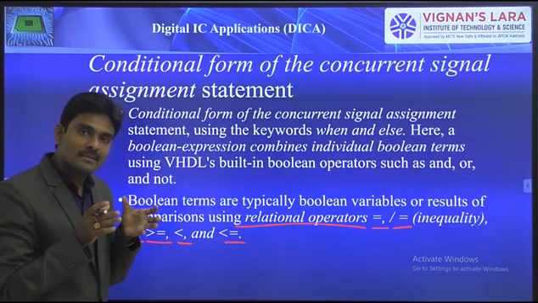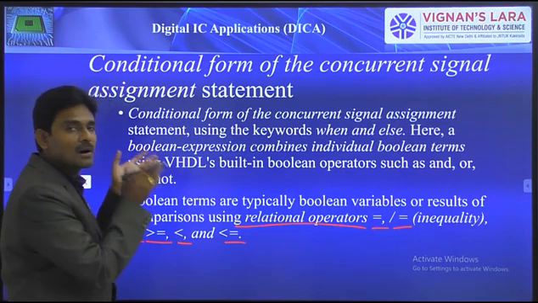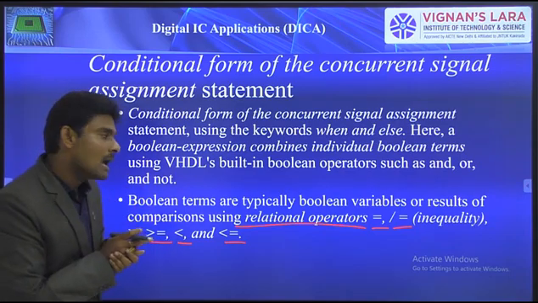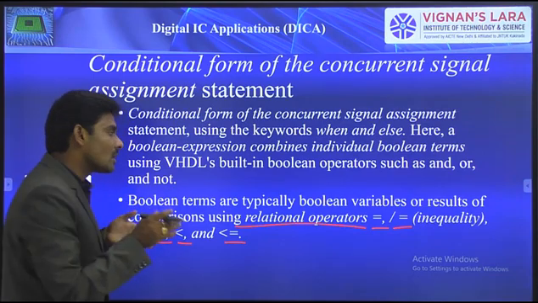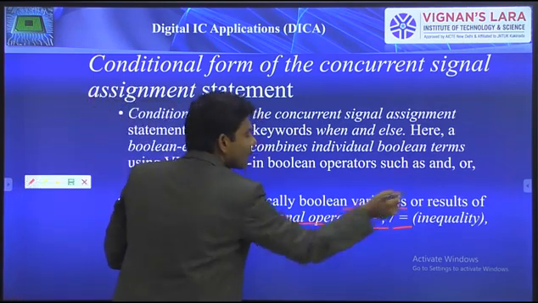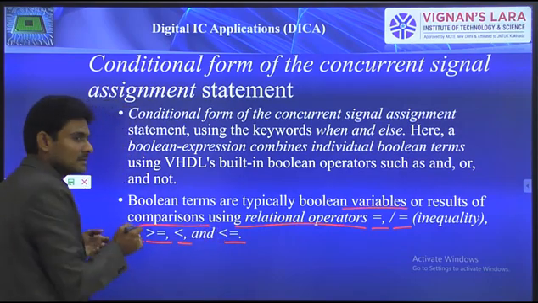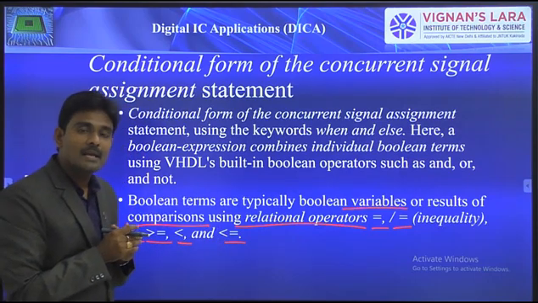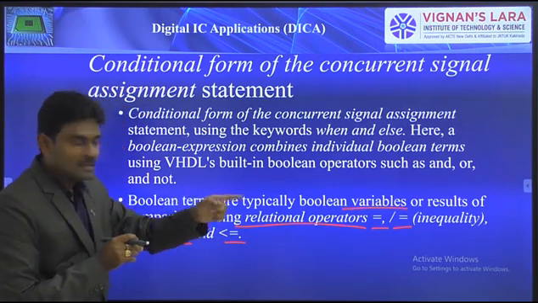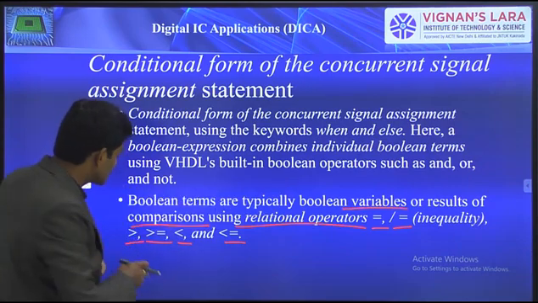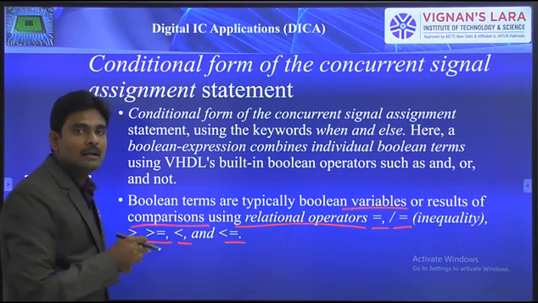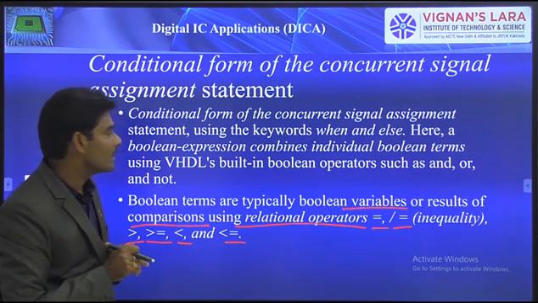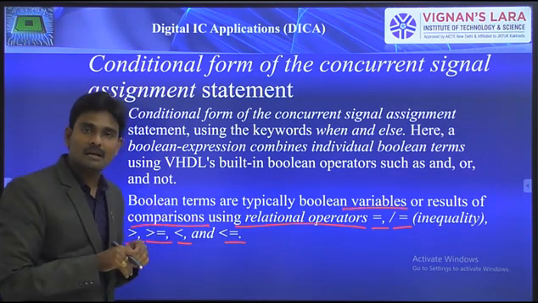It combines the Boolean terms using those predefined operators, and the Boolean terms are the Boolean variables or results of comparisons which we perform using the relational operators such as equals to, not equals to, greater than or equals to, less than, and less than or equals to. So this is what it is regarding that particular one.